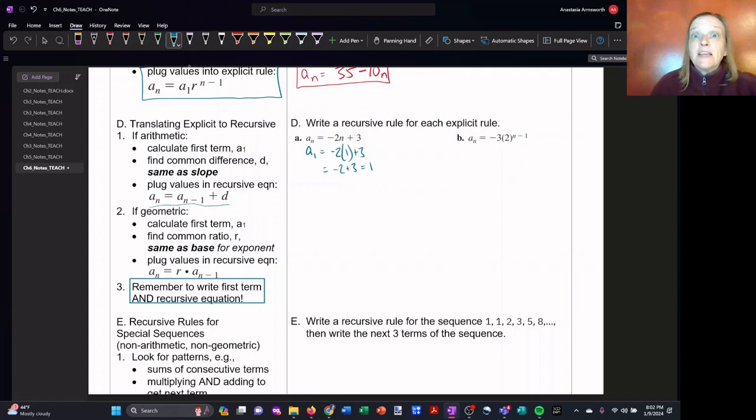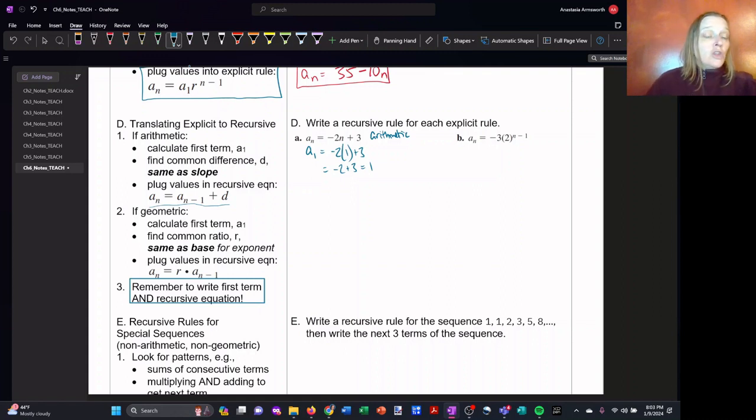But now let's figure out, is this an arithmetic sequence or is it a geometric sequence? Remember, arithmetic sequences look like linear equations where y equals mx plus b. And this looks like it's some number times the variable plus another number. This seems to follow y equals mx plus b format. So this is an arithmetic sequence that we're looking at here.